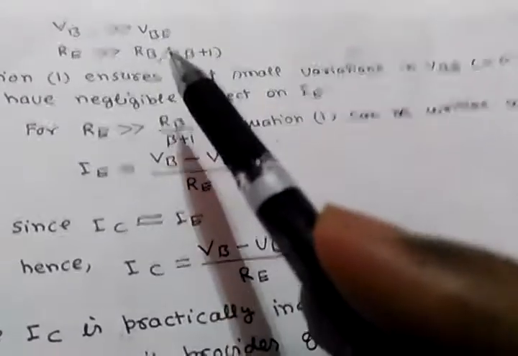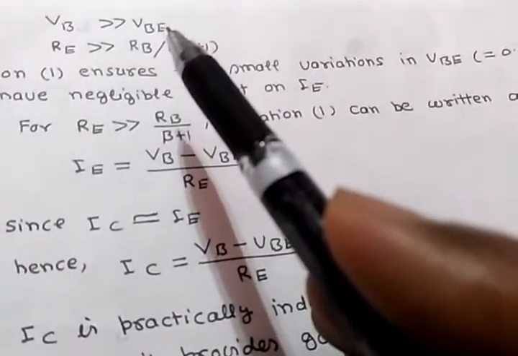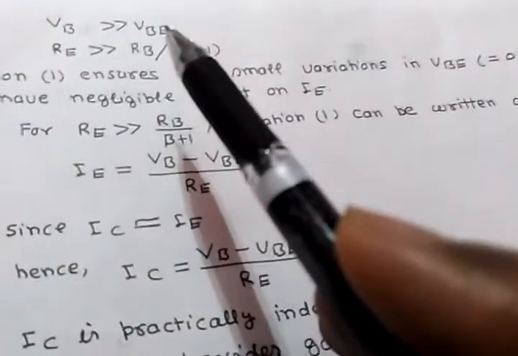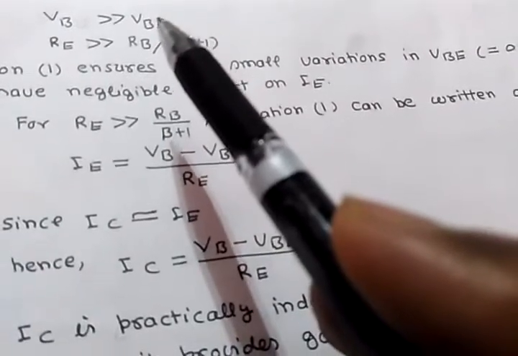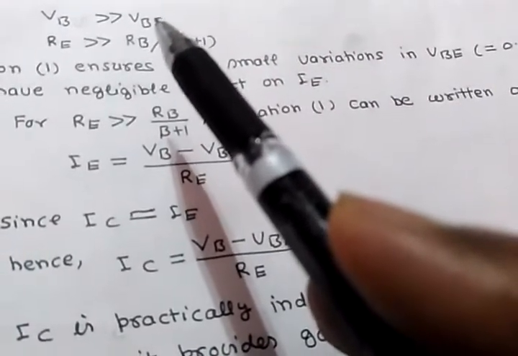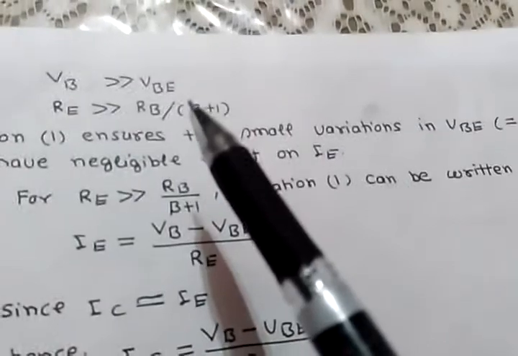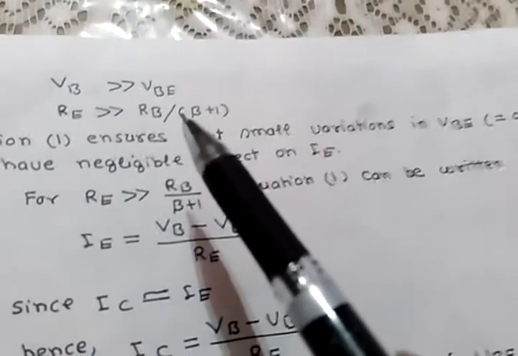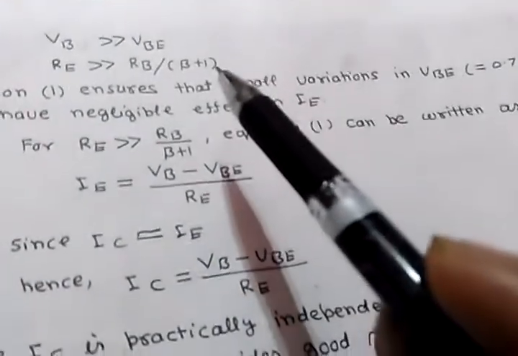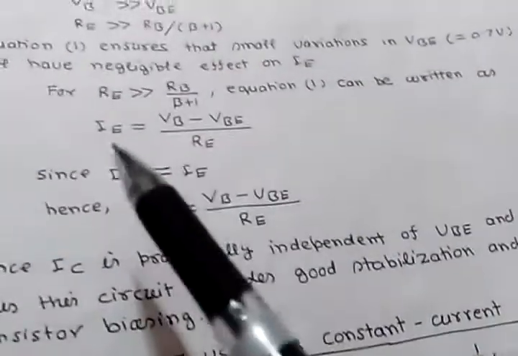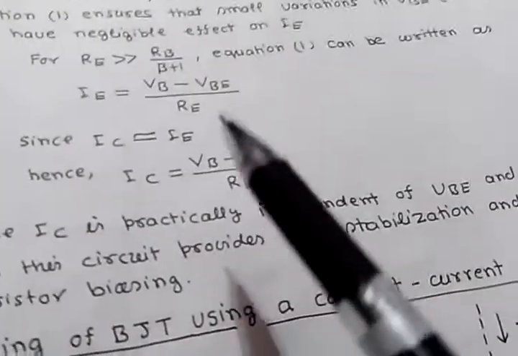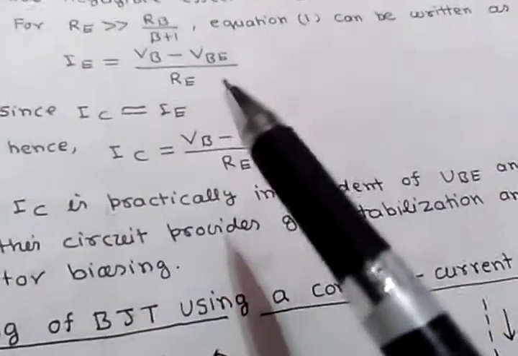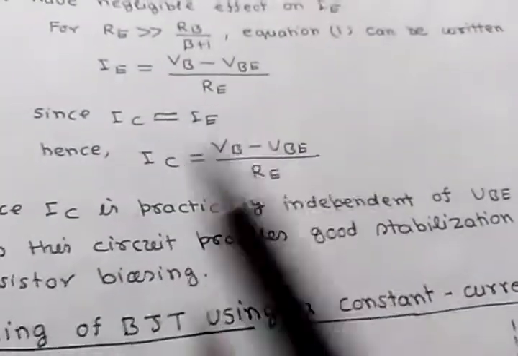So if our potential divider biasing circuit satisfies these two conditions, VB greater than VBE and RE greater than RB upon beta plus 1, then the equation of emitter current can be simplified as VB minus VBE upon RE.